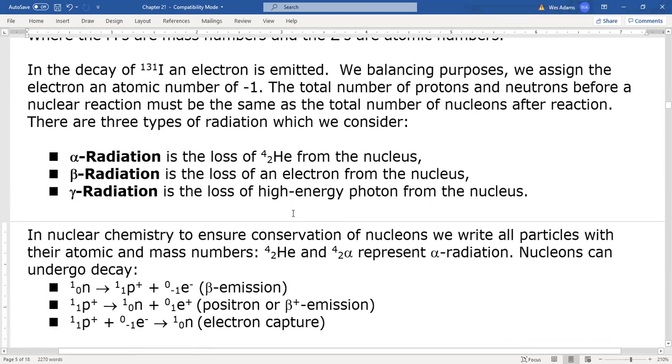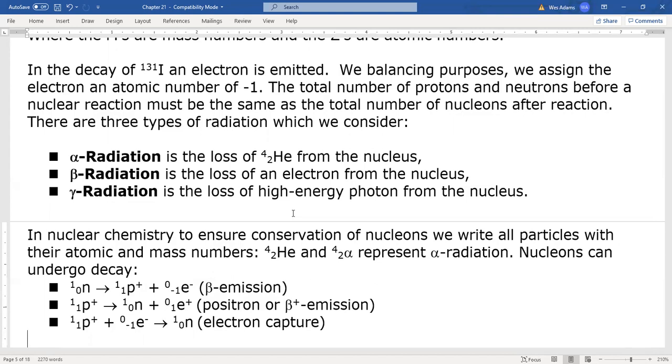In nuclear chemistry, we find that a neutron can become a proton and electron. That's our beta emission. If you have too many protons, one of the things you can get is positron or beta plus emission, or you can get electron capture. And sometimes those last two occur in competition with one another.